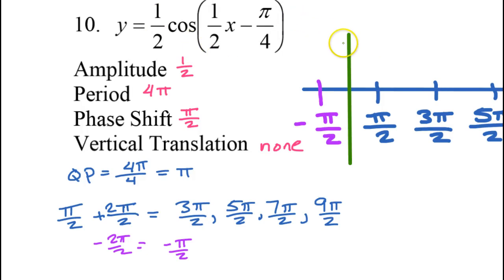All right, now I see that the amplitude is 1/2. So that's why I'm going to put 1/2 right here, and I'm going to come down here and I'll mark this as negative 1/2.